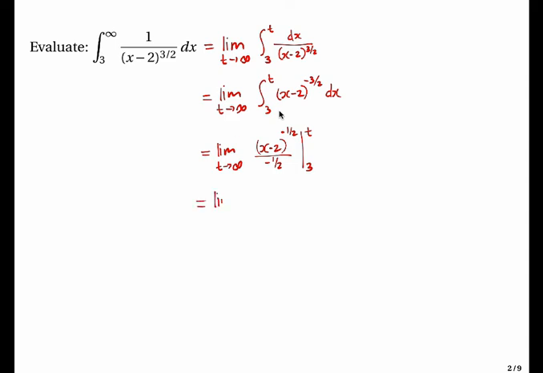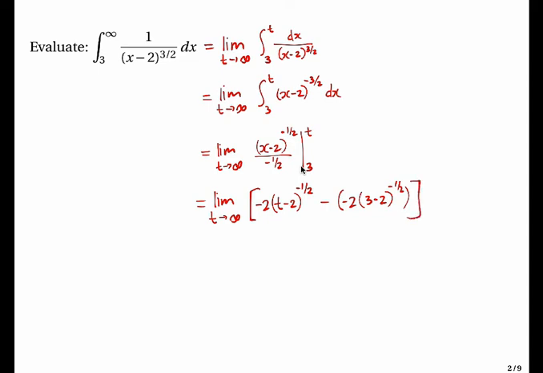So we now have the limit as t approaches infinity, and if we substitute x equals t, we get negative 2 times t minus 2 raised to negative 1 half, and then minus, at x equals 3, we have negative 2 times 3 minus 2 raised to negative 1 half, and then we have the closed bracket.